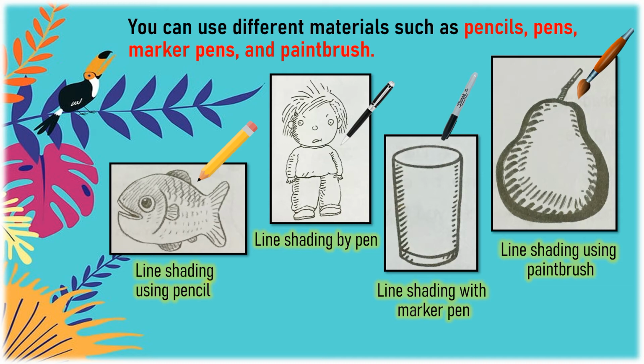The first one is line shading using pencil. Next, line shading by pen. Line shading with marker pen. And line shading using paintbrush. So each tool shows different texture and identity.